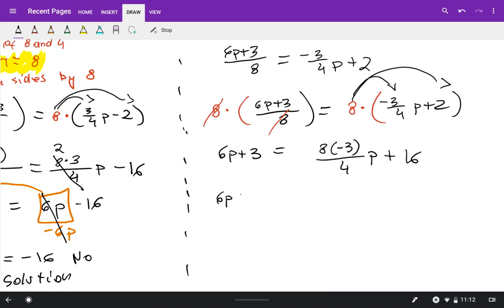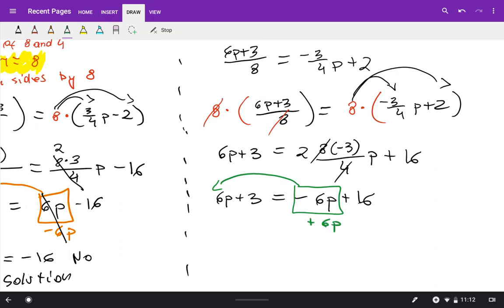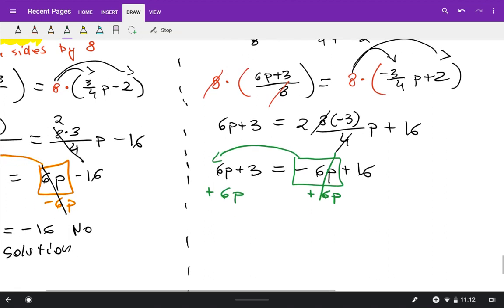So we have 6p plus 3 equals 8 divided by 4 gives you 2, 2 times negative 3, we end up with negative 6p plus 16. Now you combine like terms, so the negative 6p has to be moved to the left side. Since you see negative 6p, add 6p to both sides. Opposites, so that cancels, and we end up with 12p plus 3 equal to 16.